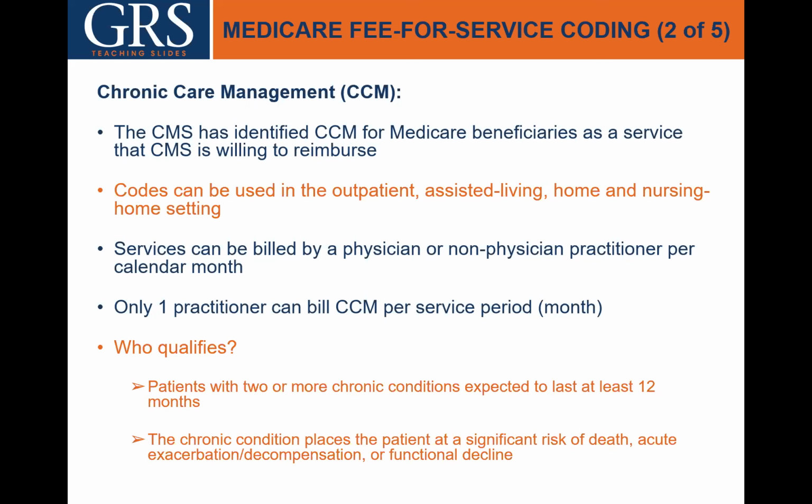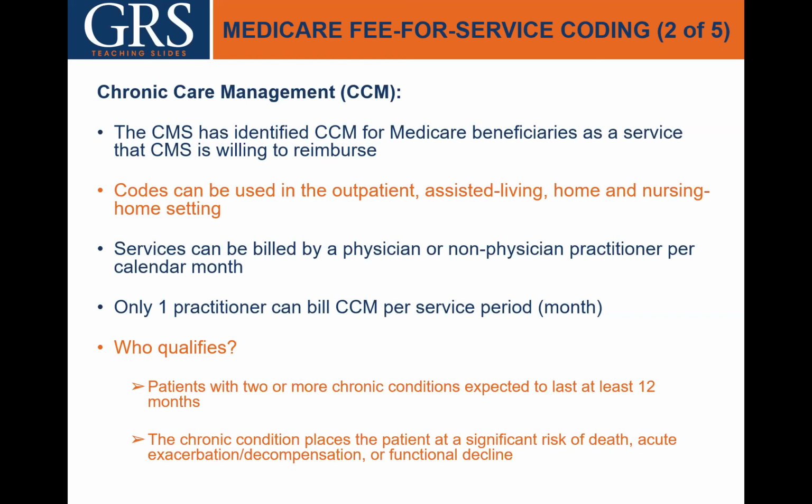We also need to know what kind of patient is qualified for this billing code system. There are two criteria. The first one is patients with two or more chronic conditions expected to last at least 12 months. The second one is a chronic condition that places the patient at significant risk of death, acute exacerbation or decompensation, or functional decline.